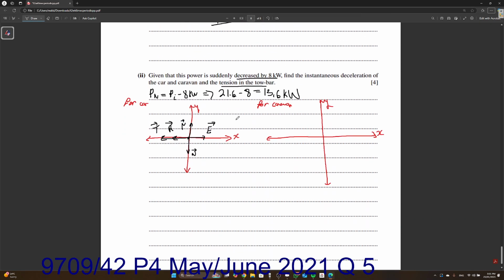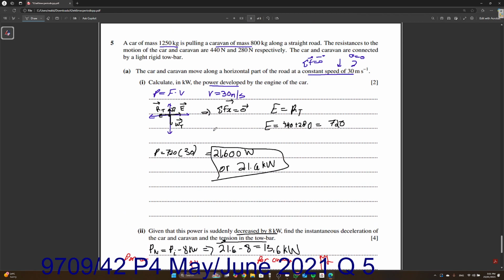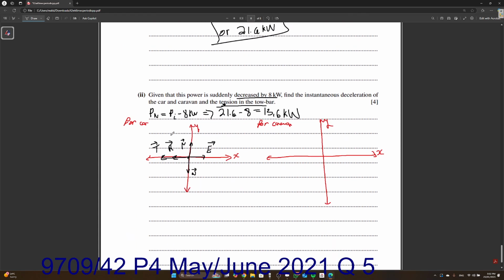Here you have to treat them separately because you're looking at deceleration and you're looking for tension, so you have to add the tension. But in the first one, treating it as one system, the tension just cancels out. Anyways, this is the car, with the weight of the car. And over here we're going to do the caravan, with the weight of the caravan.